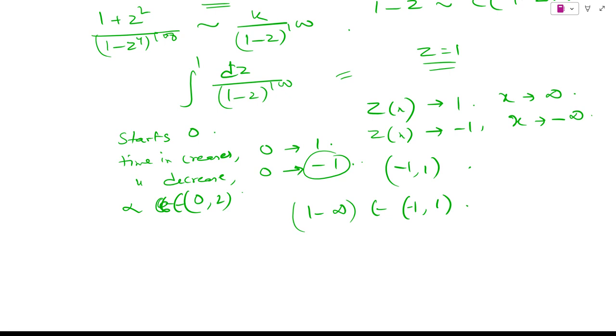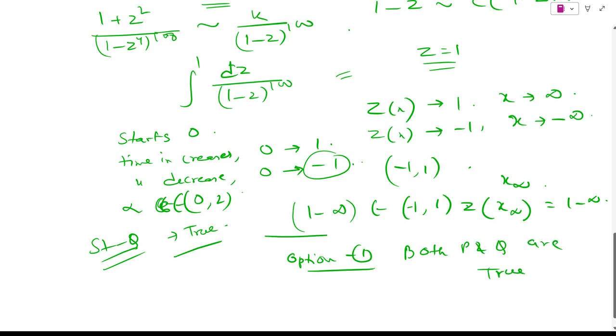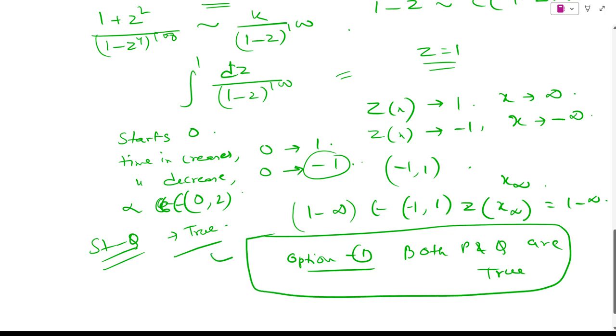Therefore, there exists x alpha such that z of x alpha is 1 minus alpha. So statement Q is also true. Alright. So statement P is true, statement Q is true. Therefore, option number 1, both P and Q are true, will be the answer for this question.